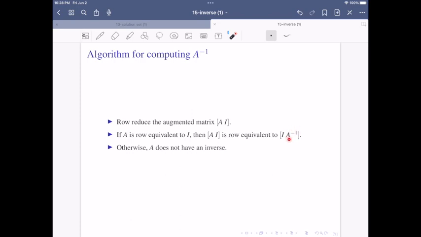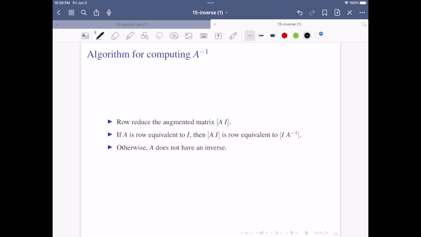And this other half, the second half of the REF, is exactly the inverse of the matrix. If you cannot have REF of this shape with the first half identity, then it doesn't have an inverse.